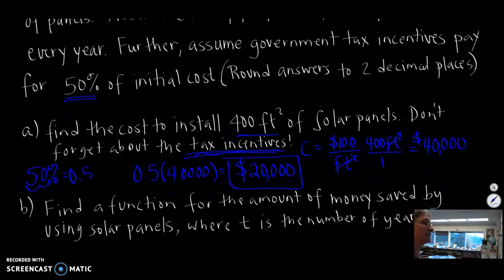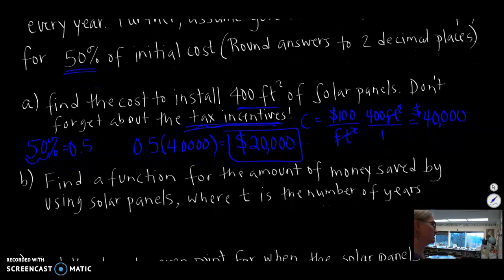Okay, then the next part is we're going to find a function for the amount of money saved by using solar panels where T is the number of years. So we're going to have a function, we call it f of x. And looking back at some of these numbers here, the cost of electricity.